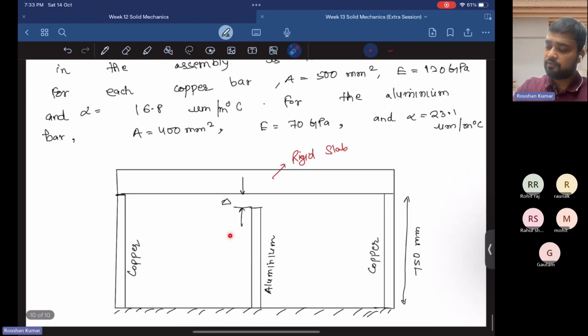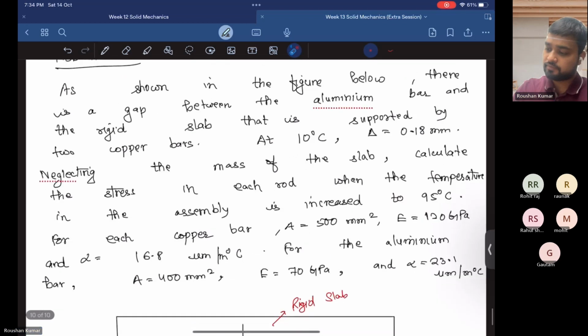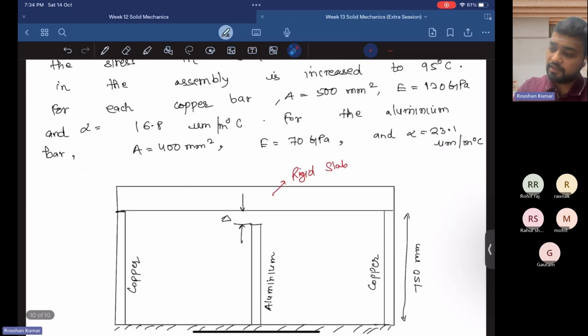And there is an aluminum bar with a gap of delta from the rigid slab. At 10 degrees Celsius, delta is 0.18 mm.